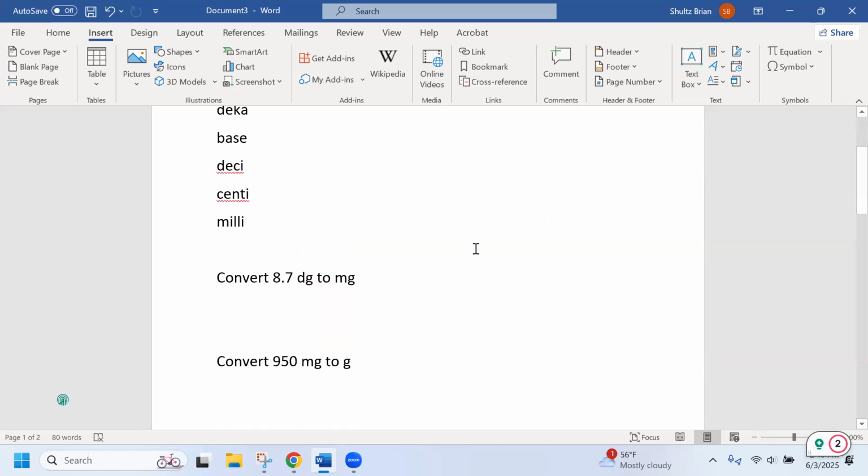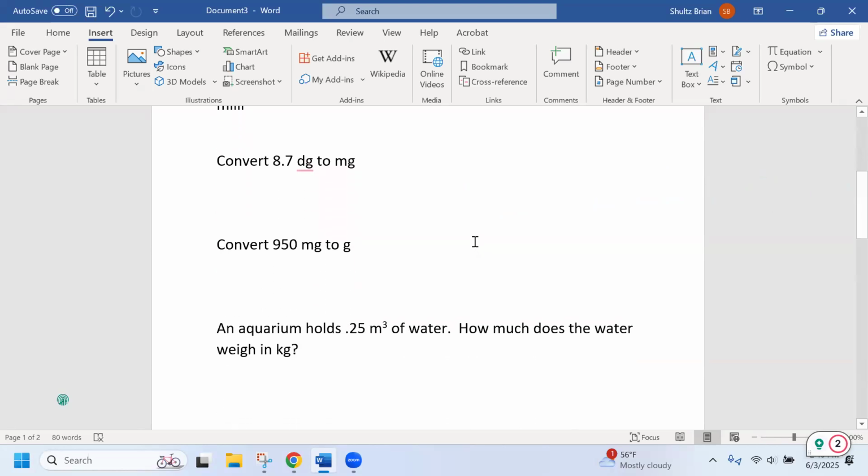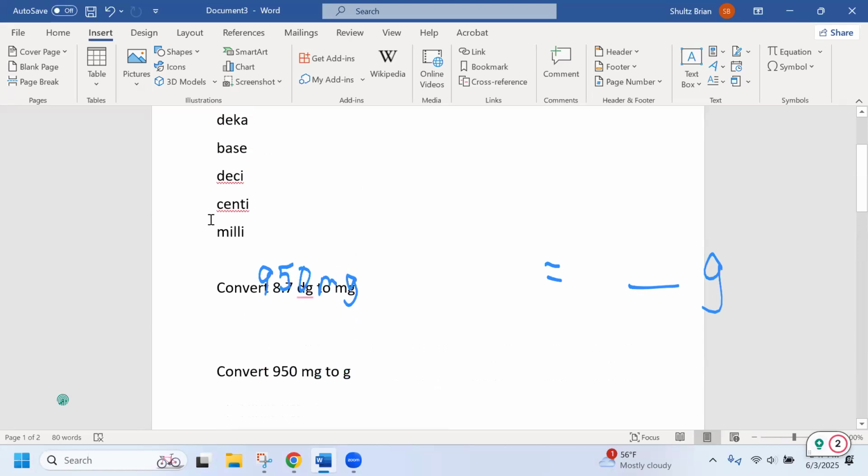If I am changing from milligrams, 950 milligrams, to grams, okay, milligrams to grams, smaller units to larger units, I divide by from milligrams to grams.